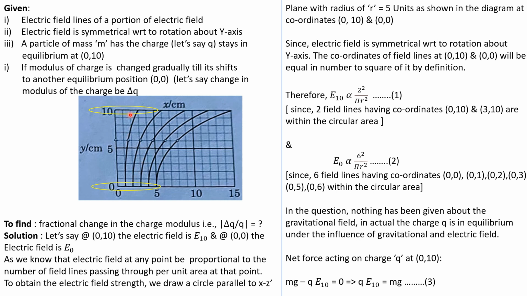But by the definition of symmetry of rotation, we know that the square of the number of coordinates will be the number of field lines that will be passing through this area. So here the field lines in this circle have only two coordinates, 1 and 2.